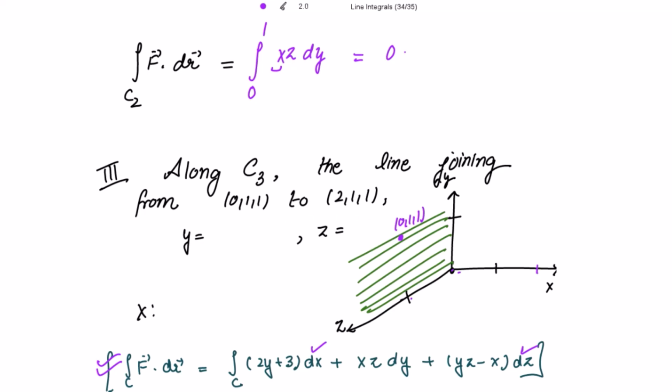Please judge from these two given points that y is constant, 1 here and 1 there, and z is also constant, 1. But x varies from 0 to 2. So dy is 0 and dz is 0, but x varies from 0 to 2.